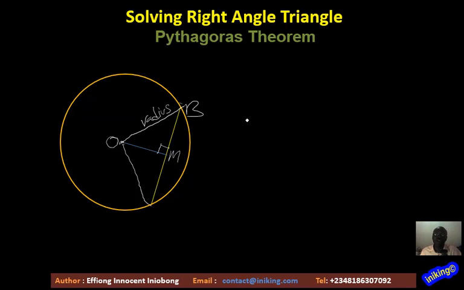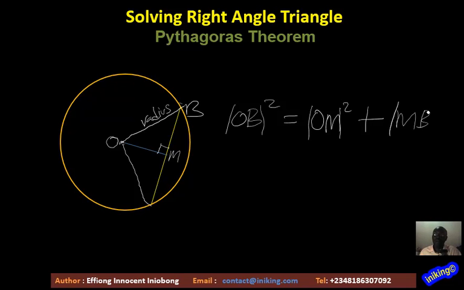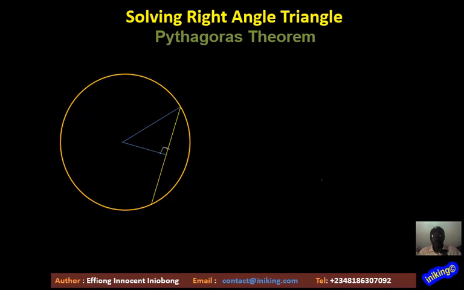I can say the radius, which happens to be the hypotenuse in this case, OB squared, is what? The sum of the squares of the other two sides. The other two sides are OM squared and the last one MB squared.